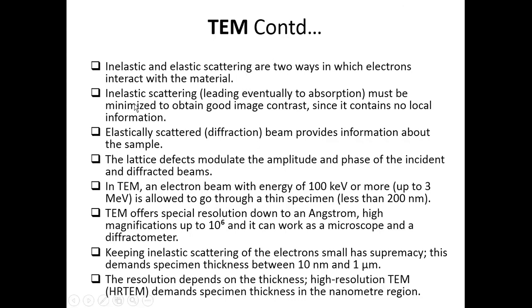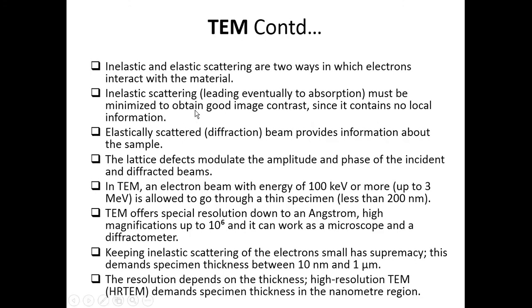In inelastic scattering, the electron leads eventually to absorption. Inelastic scattering is not useful because it is eventually absorbed by the specimen and the system itself, and that must be minimized to obtain good image contrast. That is the main reason: inelastic scattering must be minimized to a great extent in order to get the image contrast in a good manner, since it contains no local information with regard to the specimen.